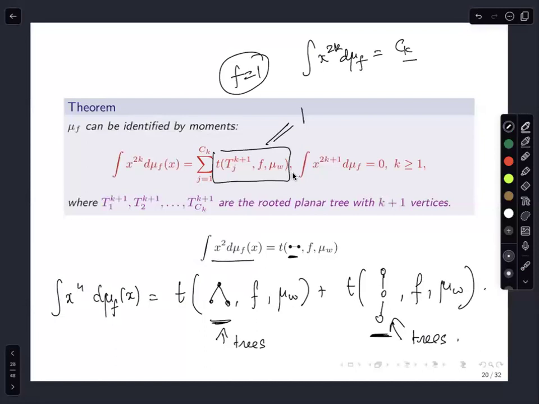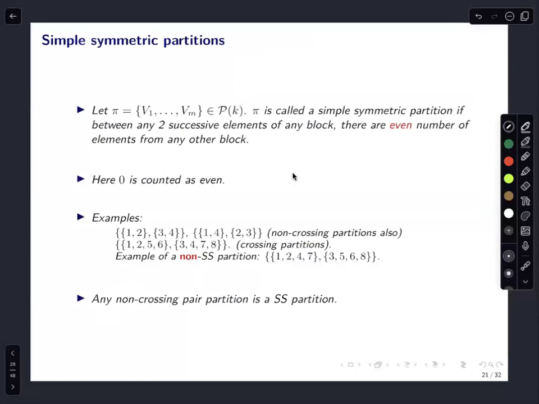Okay, to describe the sparse case, it's a bit more complicated. So here I take a notion from Priyanka Sen and coauthors, which they call a simple symmetric partition.